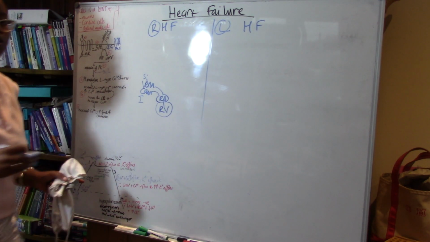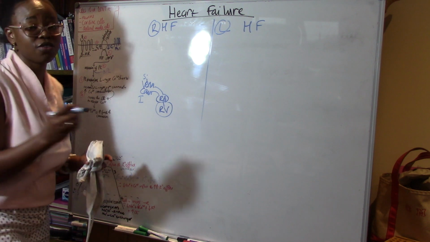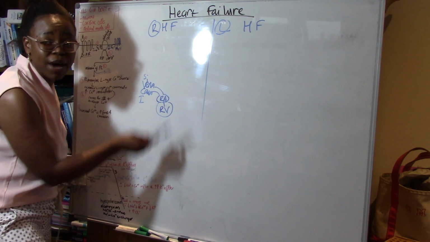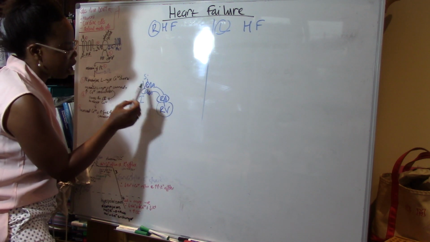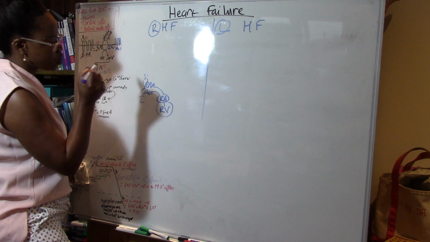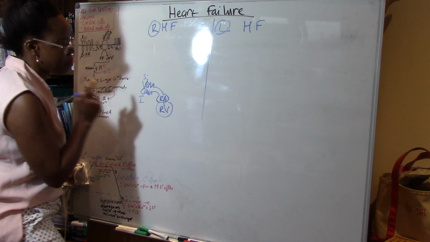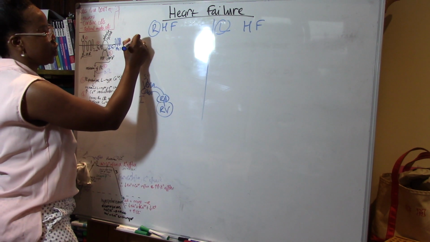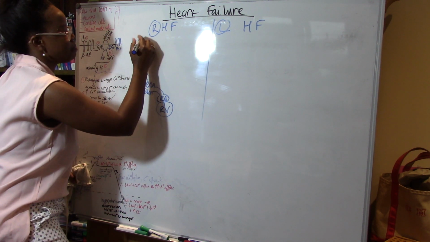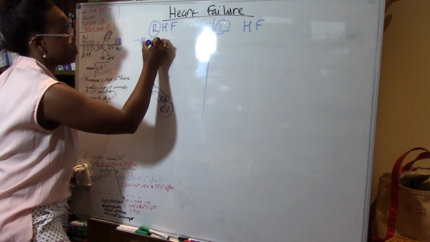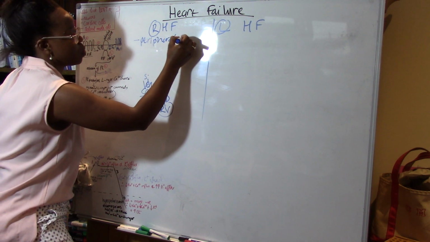So the symptoms of right heart failure really are the back pressure going back to the system, the blood going back to the system from where it's come from. So the things that we will see in people with right-sided heart failure will include peripheral edema, which we can call systemic edema, but we'll just call it peripheral edema.